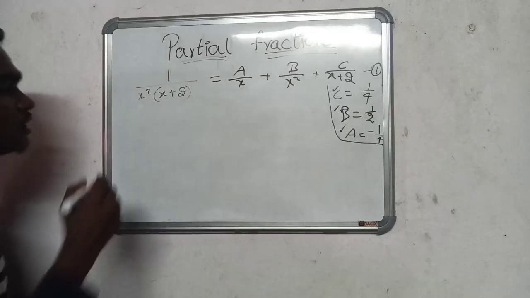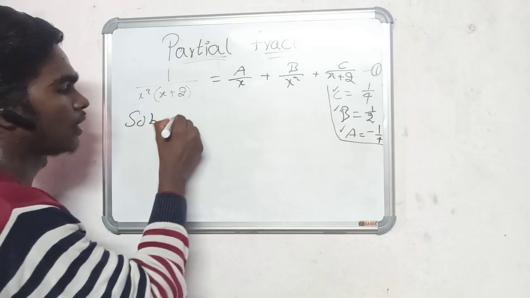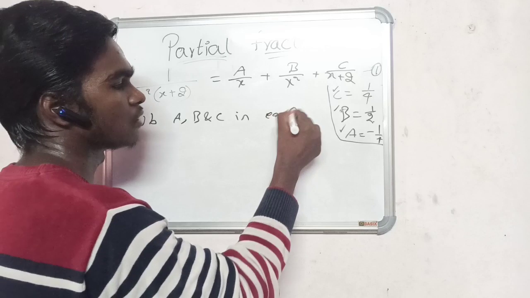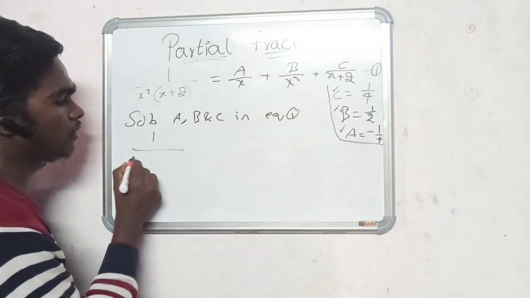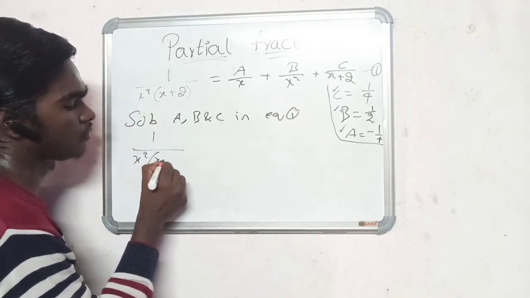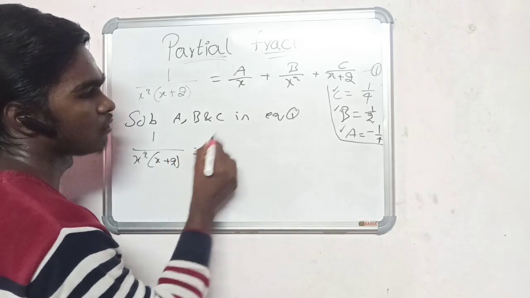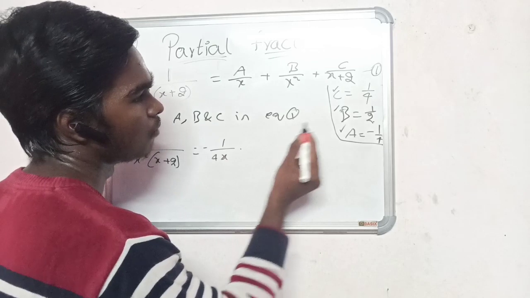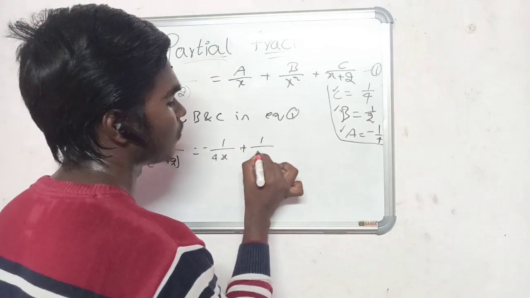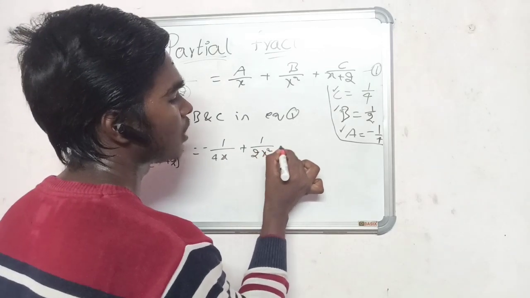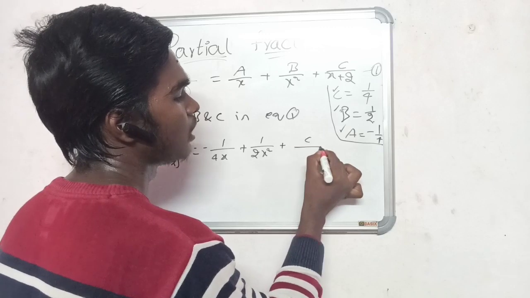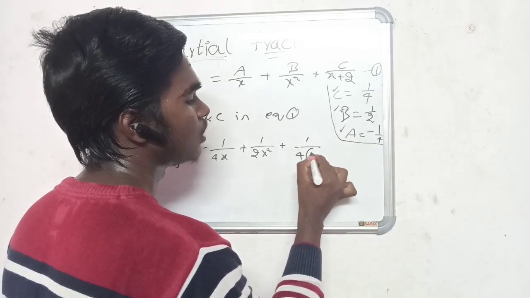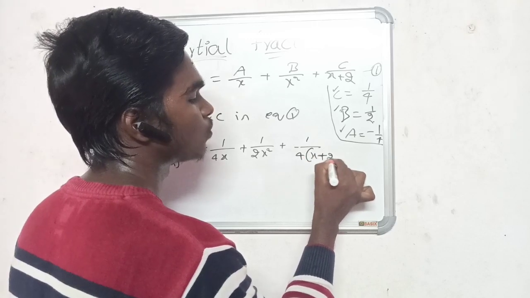Now substitute the a, b and c in equation 1. 1 by x square into x plus 2 is equal to minus 1 by 4x, b value 1 by 2x square, plus c, c means 1 by 4, into x plus 2.